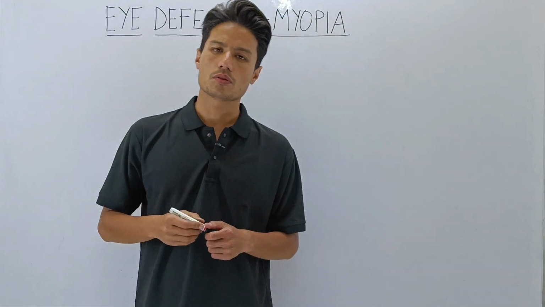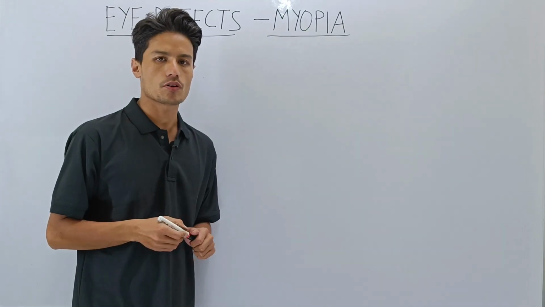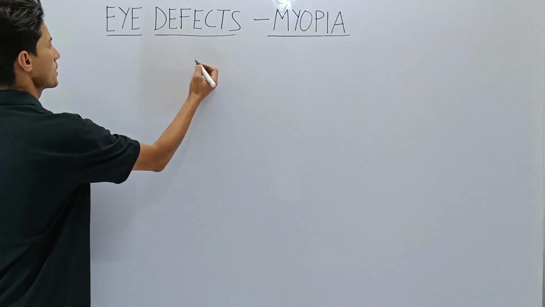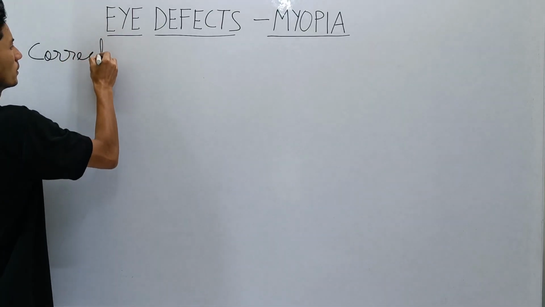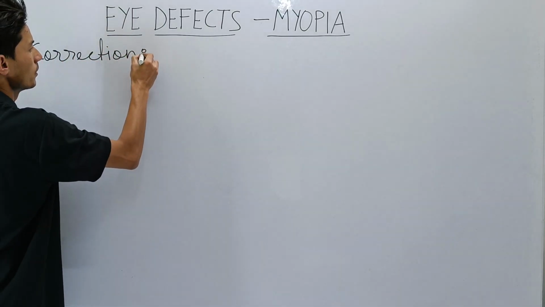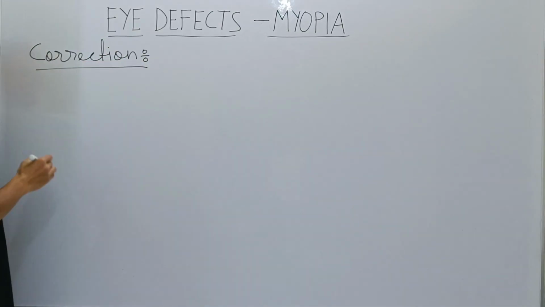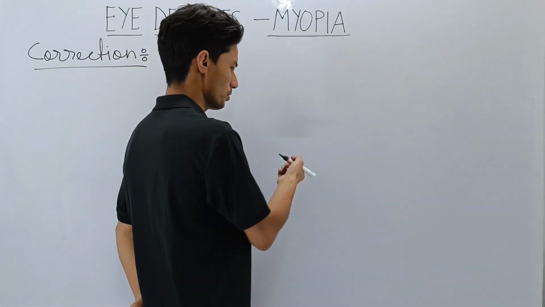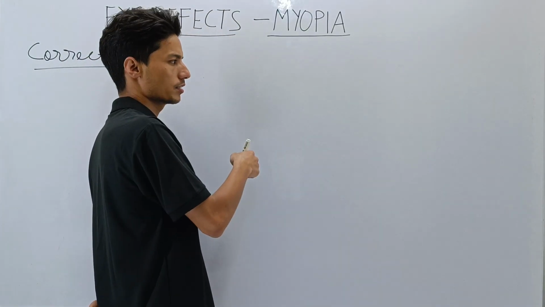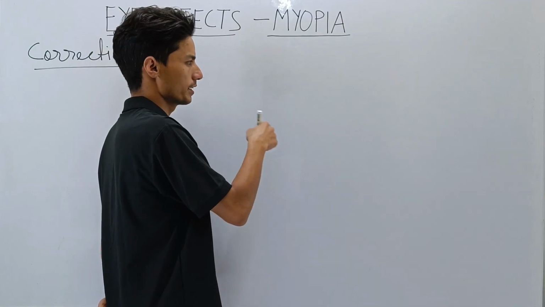So now we'll have a look at the correction for myopia. So let us discuss the correction for myopia. Now let me draw one more figure again, because I have already erased the diagrams which we have drawn earlier.